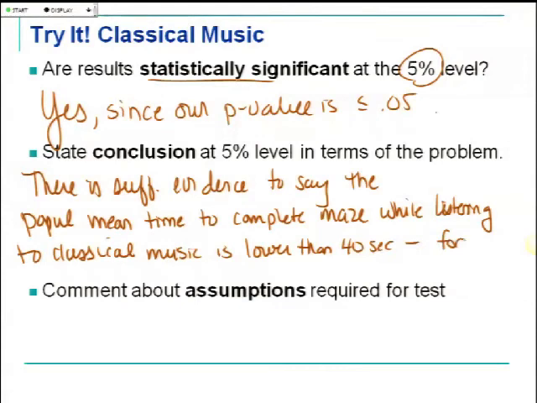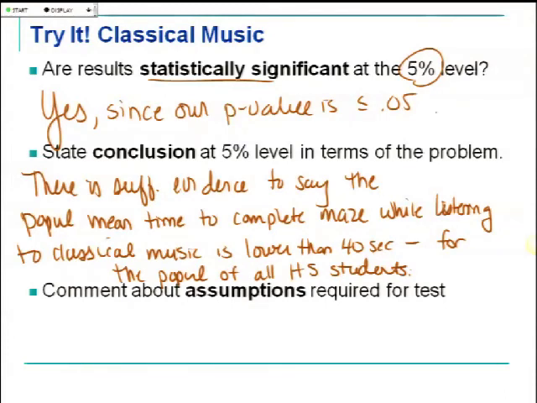This would be for the population of all high school students that our sample represents. In our population of high school students, we would support that the mean time to complete the maze has been significantly reduced.